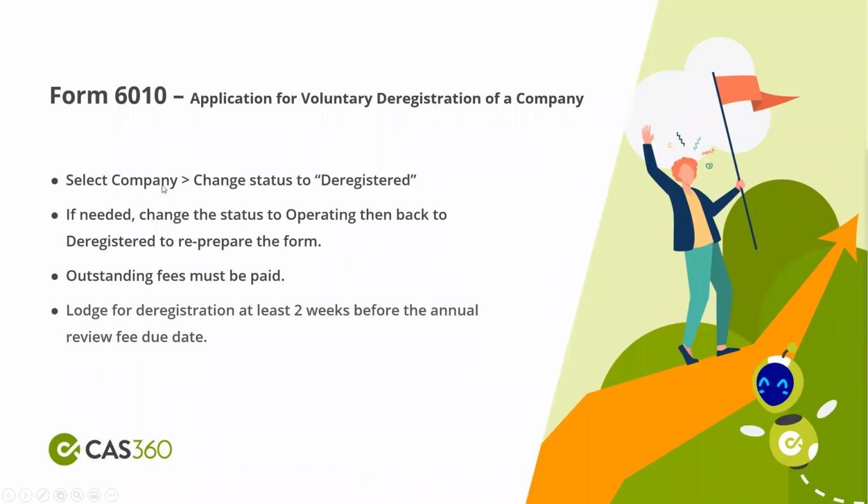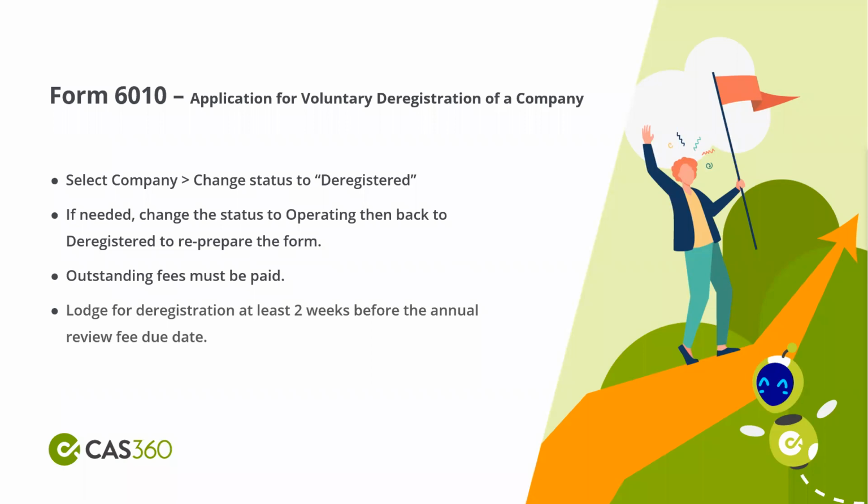In terms of this, we're looking on the company's screen, and we're looking to change the status to deregistered. If needed, you can change the status to operating and then back to deregistered to re-prepare the form. And in terms of this, there are a couple of requirements before actually submitting this form.